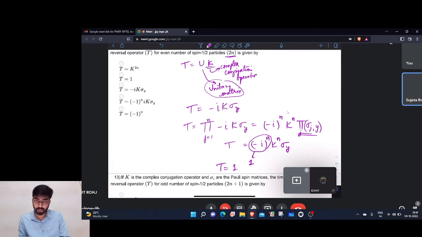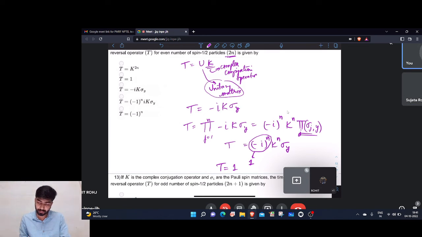Yeah, I checked this T equal to 1, but the result shows that it's a wrong answer. It shows T as -1 raised to power n. Okay.